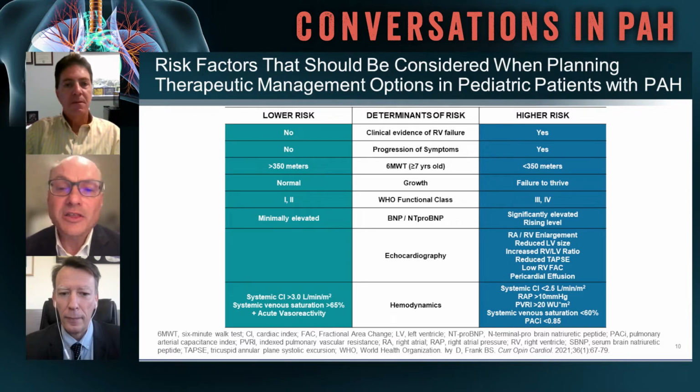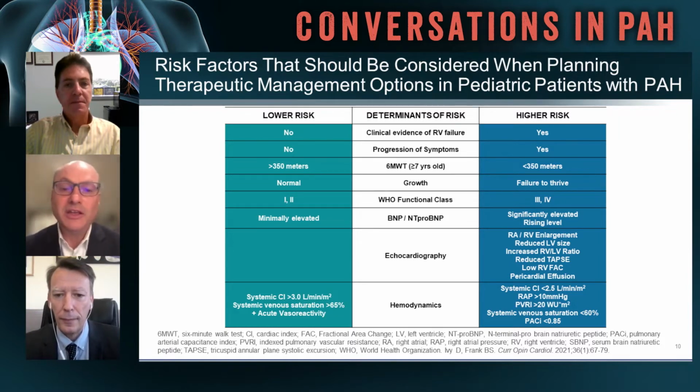But I think low 6-minute walk distance, functional class 3 and 4, NT-proBNP is routinely used. We have some different echo parameters than the adults, but many similar ones. We do use TAPSE, but personally, I like the increasing use of 3-dimensional echo and other echo imaging techniques, which may not be possible in a larger adult.